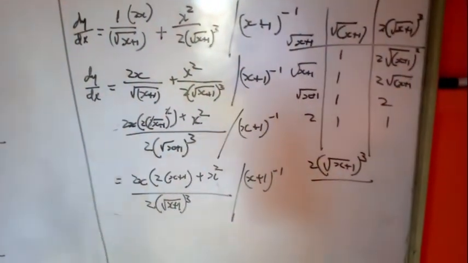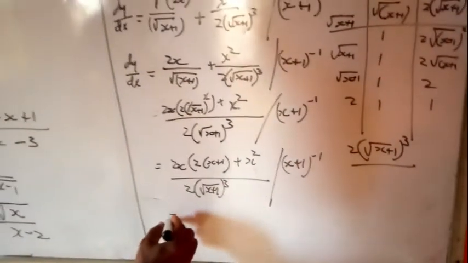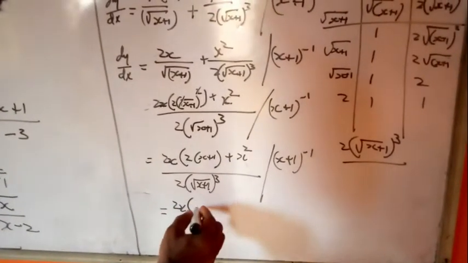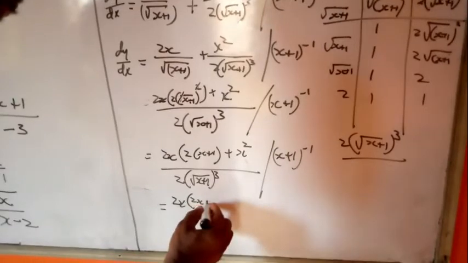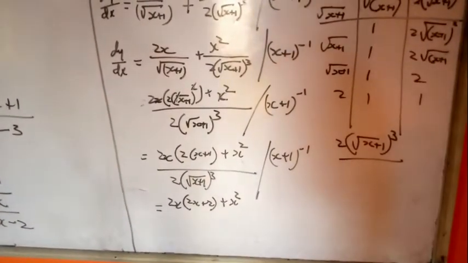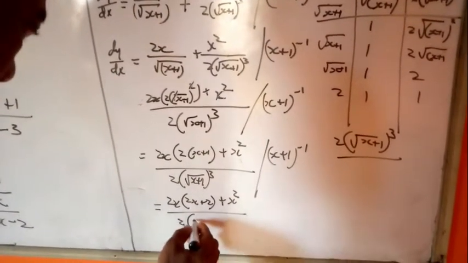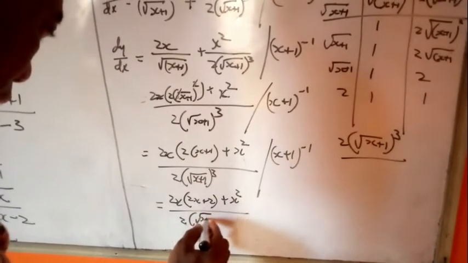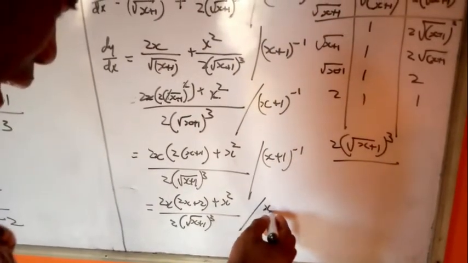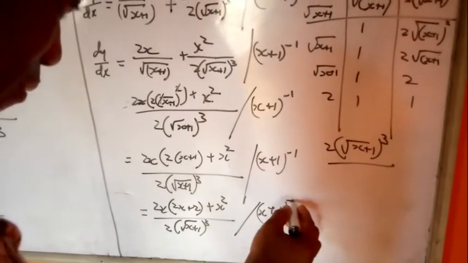Let's bring it out systematically without a rush: 2x into 2x plus 2 plus x squared all over 2 into root x plus 1 raised to power 3 all over x plus 1 raised to power minus 1.